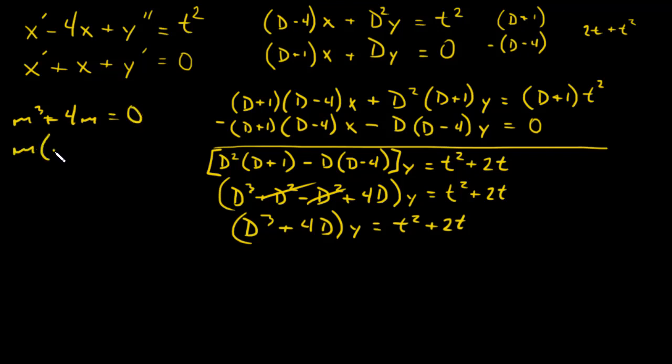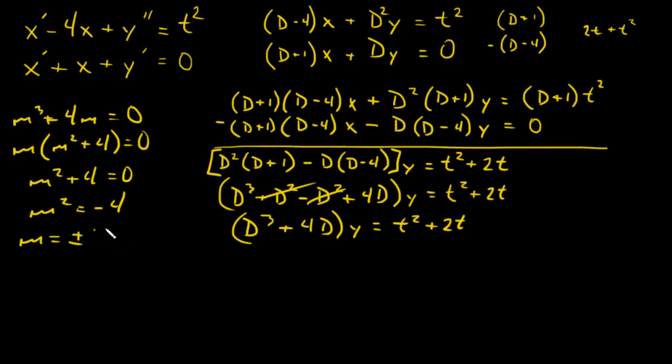Factoring m out, m times m squared plus 4 equals 0. Now, I know m equals 0, but now I need to solve for this. So m squared plus 4 equals 0. m squared equals negative 4. m equals plus or minus 2i.